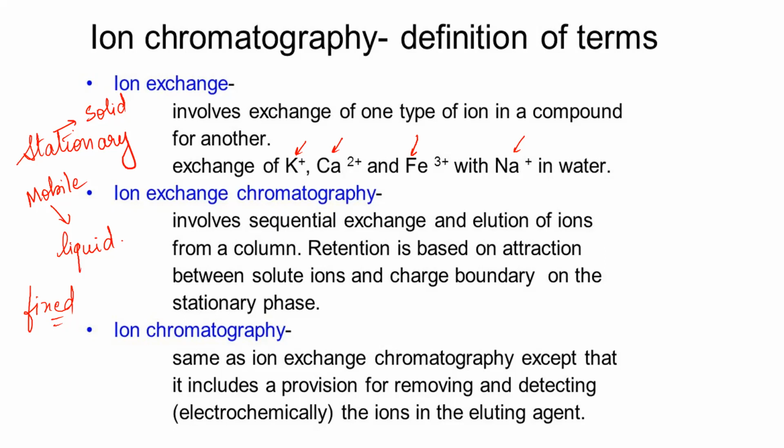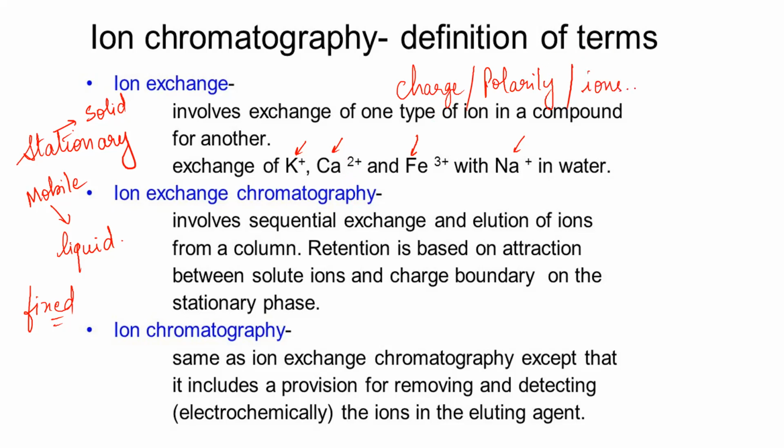Now, when I say charge, it means that you are separating on the basis of charge and polarity. Only polar substances or polar molecules that bear charge can be separated.